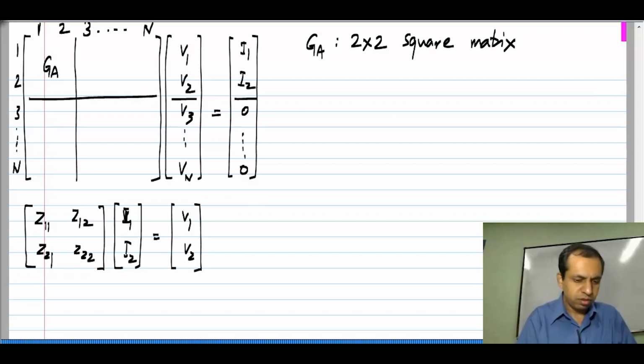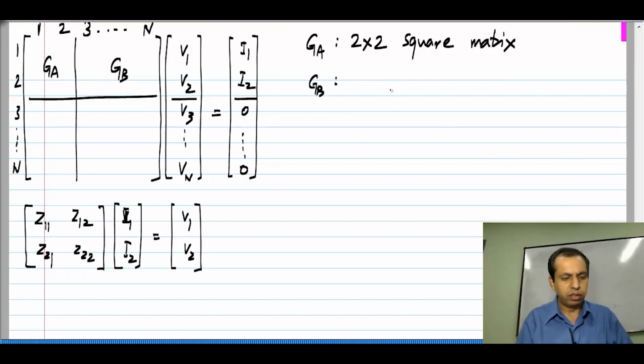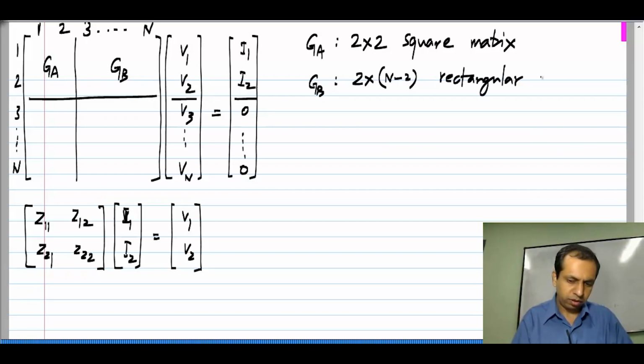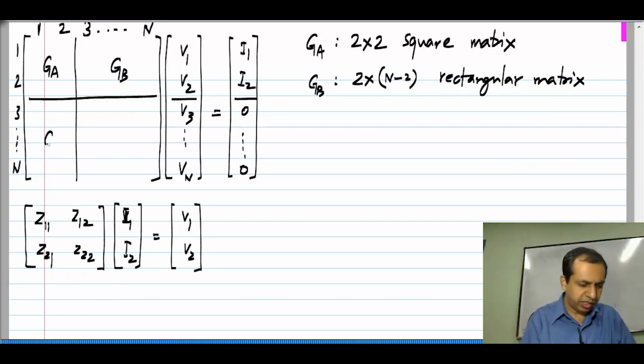Okay. Now, here I will have G B. G B is in general broader than it is tall. Okay. It is a rectangular matrix and it has 2 rows and n minus 2 columns. Okay. And in this location I will have G C, and G C will be taller than it is wide.